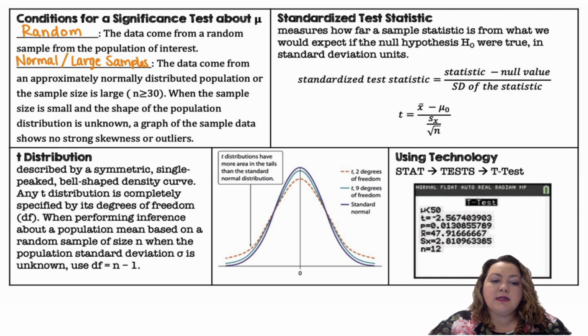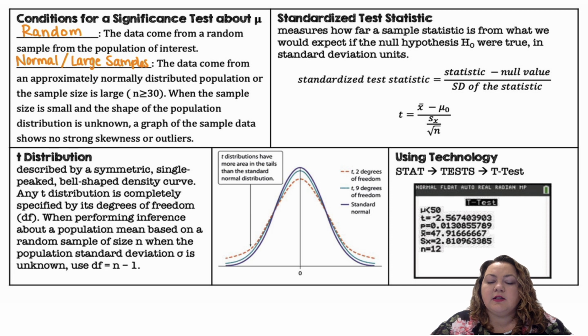When the sample size is small and the shape of the population distribution is unknown, a graph of the sample data has to show no strong skew or outliers in order for the condition to be met. So there are 3 ways that we could check that condition when we're working with means. All right, the standardized test statistic measures how far a sample statistic is from what we would expect if the null hypothesis were true, in standard deviation units.